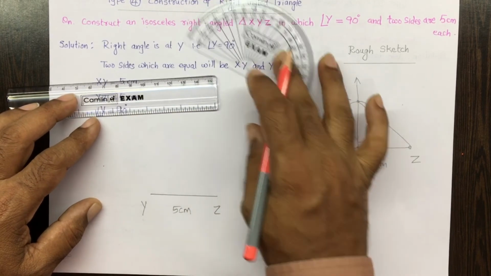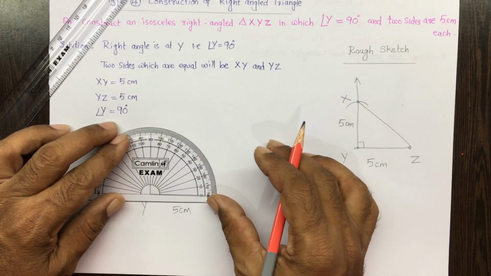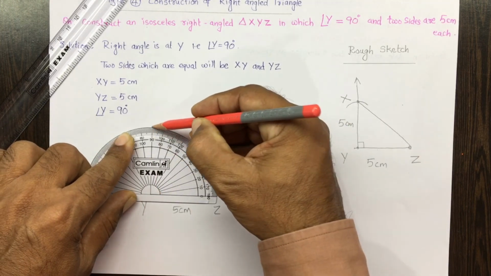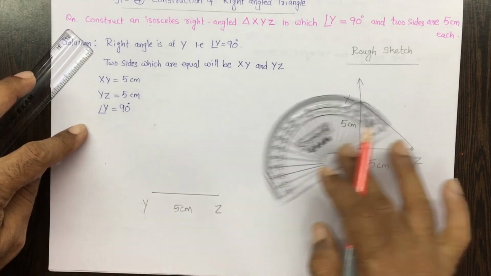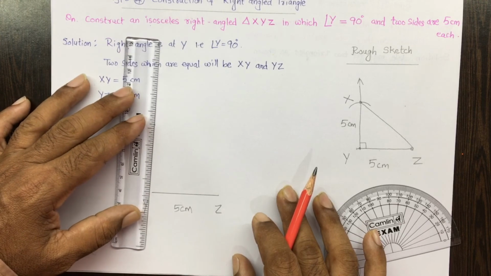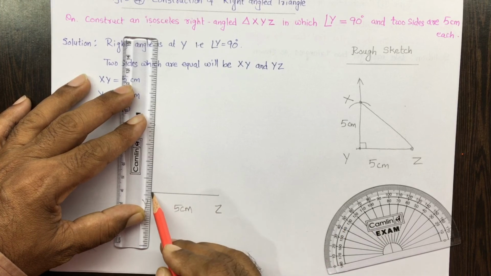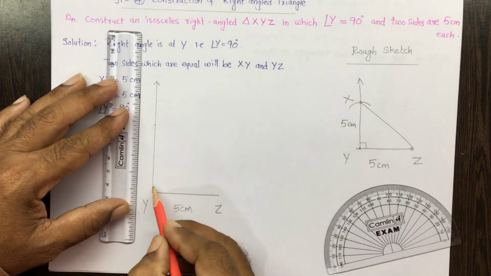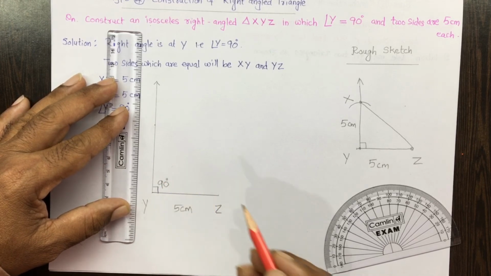Now, at Y we need to take a right angle, take right angle here, and extend these 2 points, then extend a ray of a right angle, here it is 90 degrees at Y point.